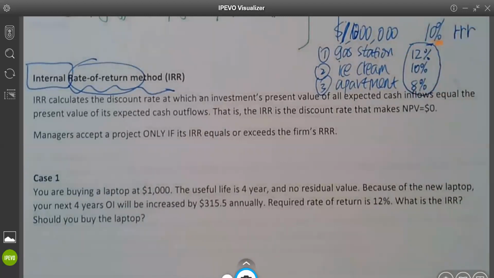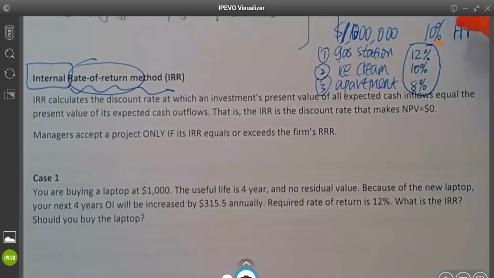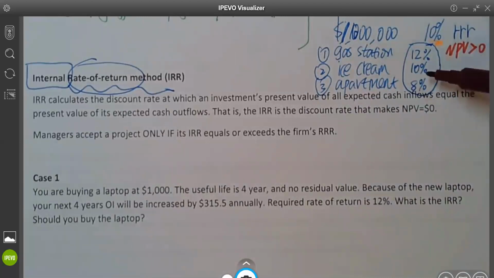You say, oh, straightforward, right? The NPV for this project will be positive because your project return is higher than your company required return. For your ice cream project, you borrowed at 10%, you also got 10% back.